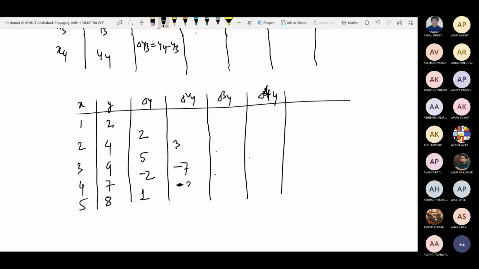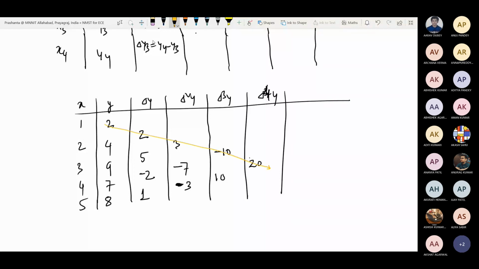So that will be 3. Here 3 minus 7, minus 7 minus 3. So minus 10. 10 here, 20. So this is the table.